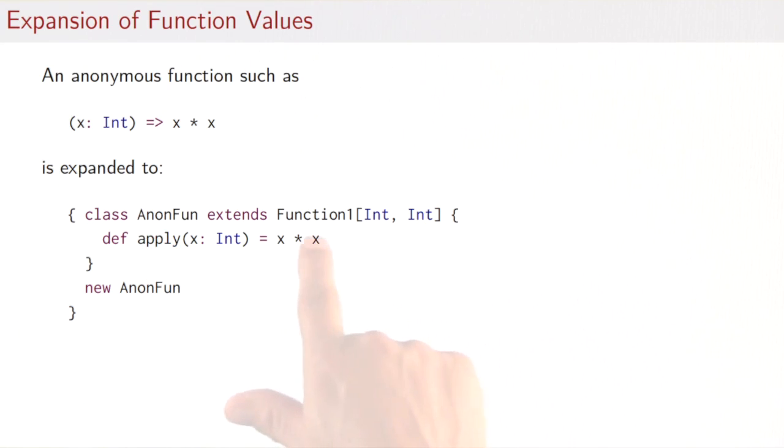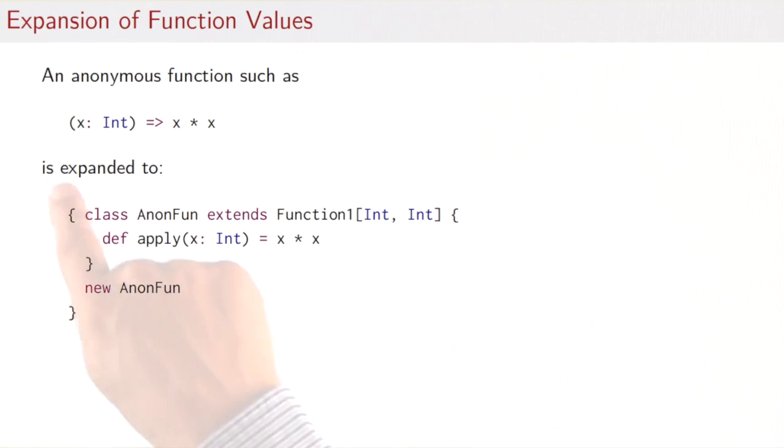That would be a subclass of my Function1 trait, with Int as the argument and result types. And the apply method would take an integer and return the square of its argument. So that was the class that implements this behavior. Now all that's needed is to create an instance of that class, the object that represents this function. So creating an instance is simply new anonfun.